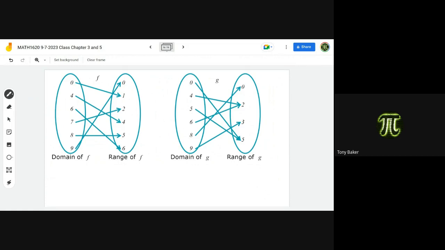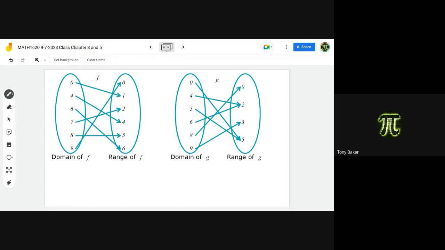So it's G of F. So that's what I'm saying. It's always in the order they gave it. So that would mean you do F first and then G.